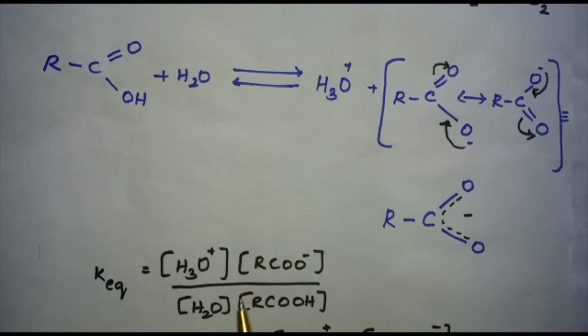We can further write this as Ka is equal to K equilibrium into the concentration of water. Taking water as 1, Ka is equal to the concentration of H3O plus into RCOO minus by RCOOH. Here K equilibrium is the equilibrium constant and Ka is the dissociation constant.